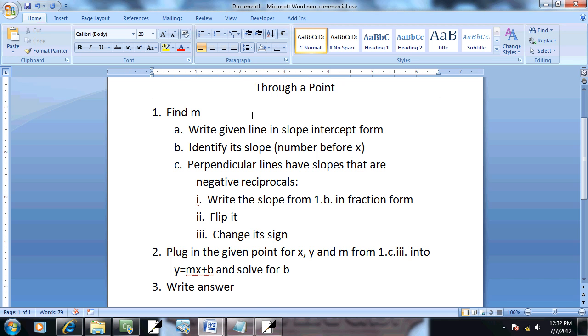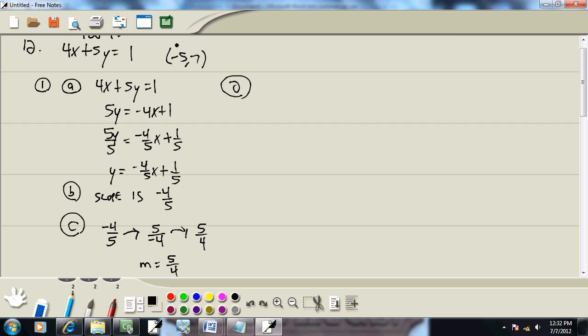Step 2. Plug in the given point for x and y, and the m that we just found, into y equals mx plus b and solve for b. They're giving us this point, so they're giving us x and y. So we'll plug 7 in for y. M from what we just found was 5/4. And x is -5. Then plus b. Now we want to solve for b. 5 times -5 gives us -25/4 plus b.